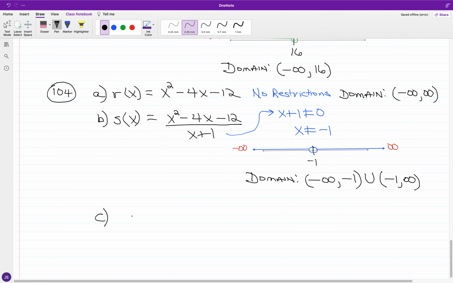And for t of x, this is just taking the reciprocal of s of x, where x plus 1 is at the top, and the trinomial x squared minus 4x minus 12 resides at the bottom.